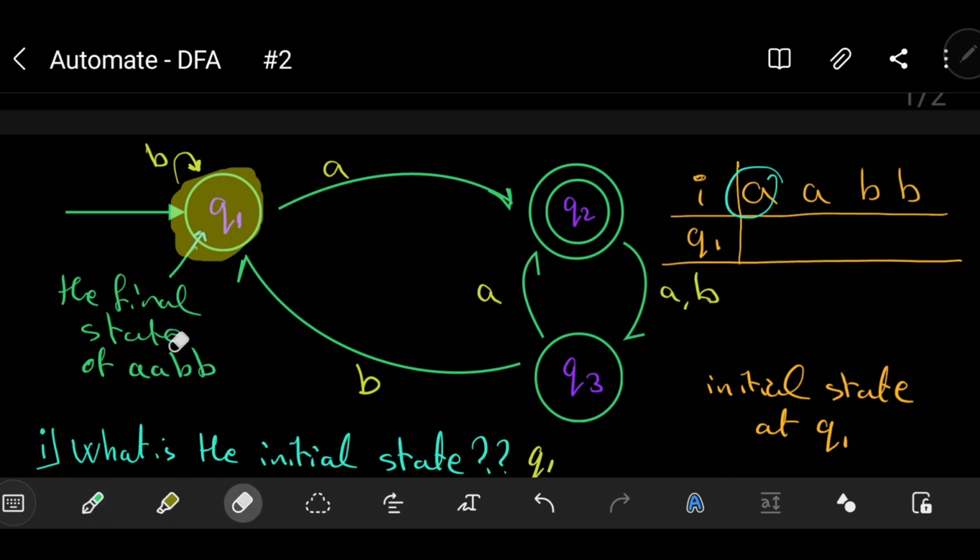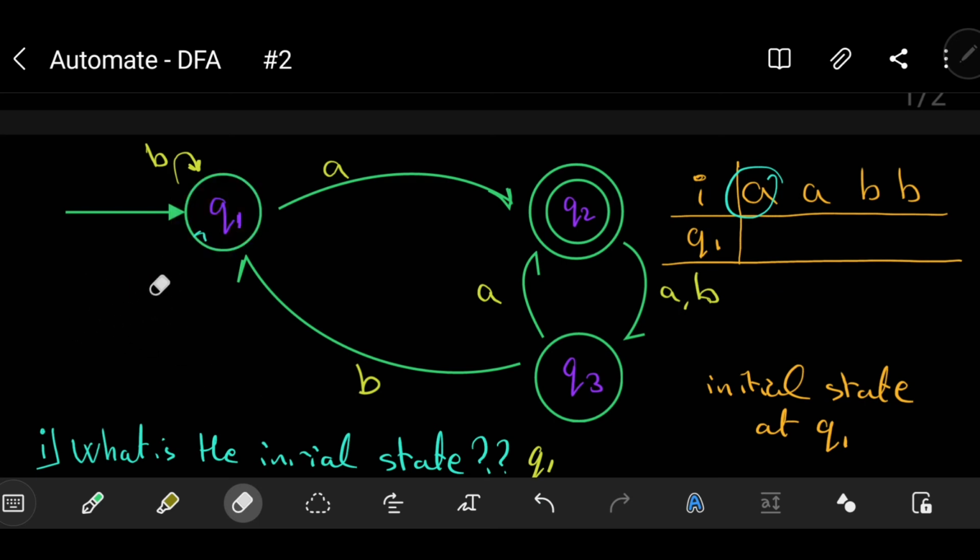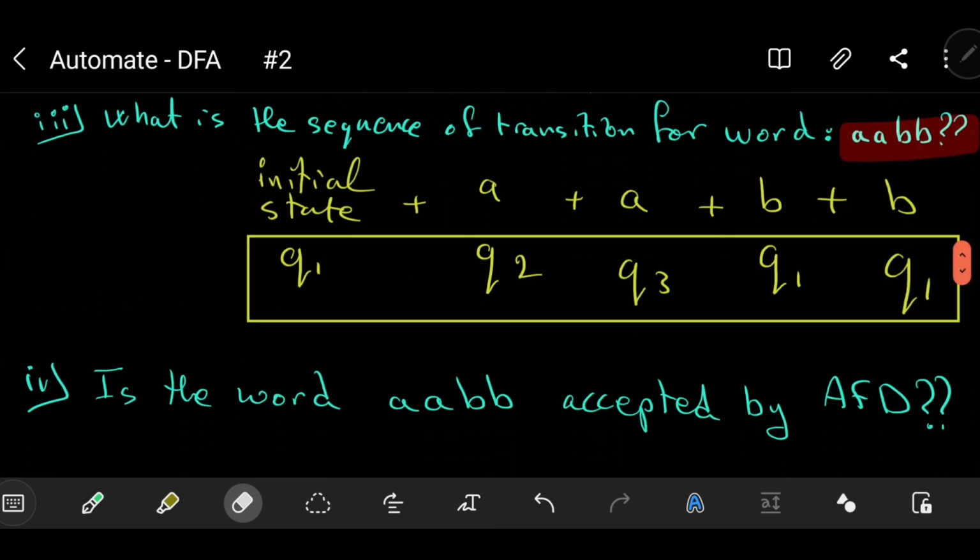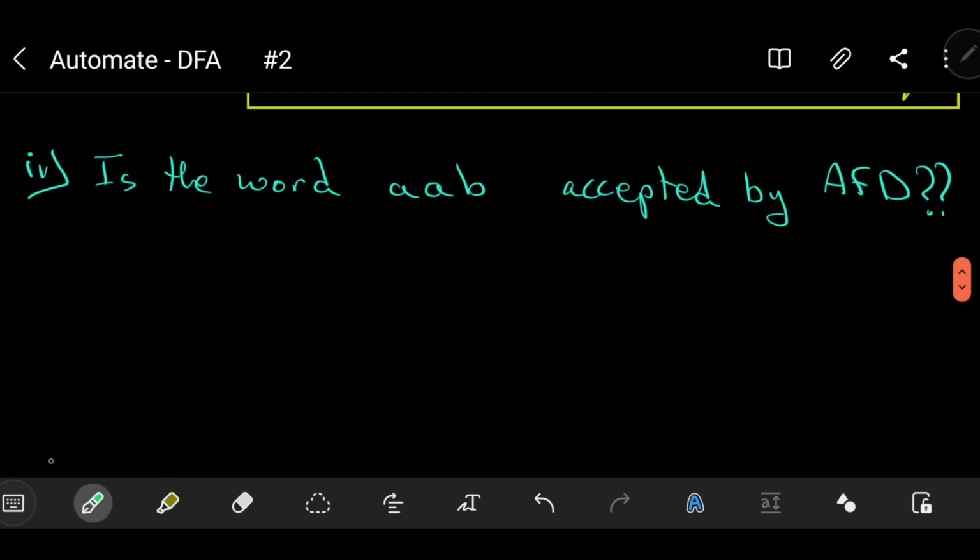You remember from the previous part that AABB ends in Q1, and it is not the final state. The final state is Q2. Remember, guys? So Q2 is the final state.